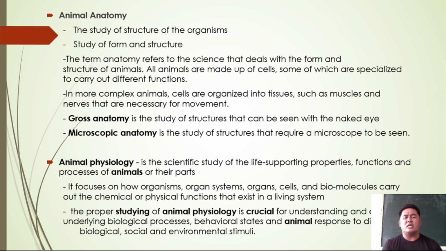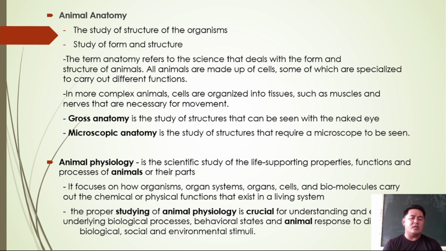Animal physiology is the scientific study of the life-supporting properties, functions, and processes of animals or their parts. So the difference is clear, no? If you say animal anatomy, the study is only its structure, the form of the animal. If animal physiology, you study what the functions and processes of animals or their parts are. So that is the difference.